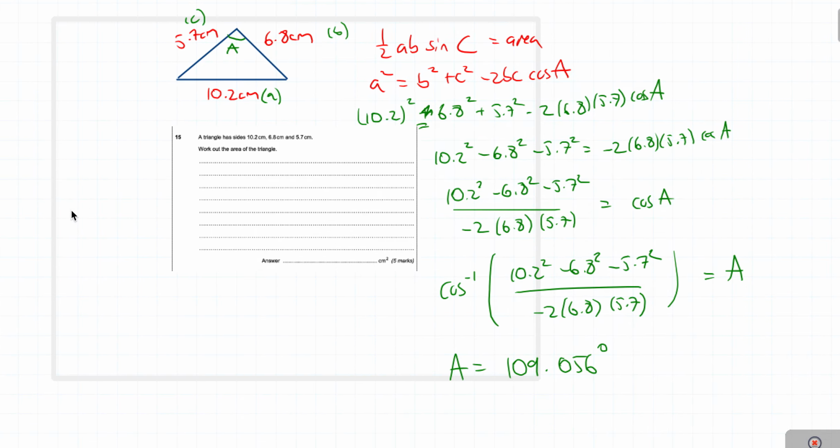From here we then can use this to find the area. So we know that the area is equal to half AB sine big C. Again, the letters don't matter compared to this, but here we're going to use half BC sine big A instead of using those letters. But again, it doesn't really matter. Hopefully you're at the stage where you can work out what to plug in.